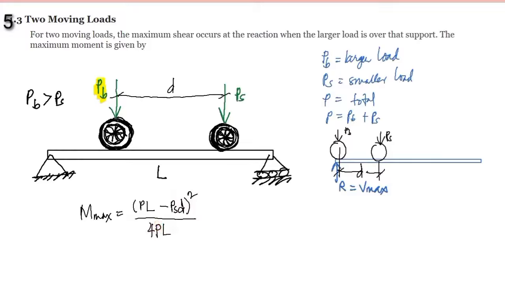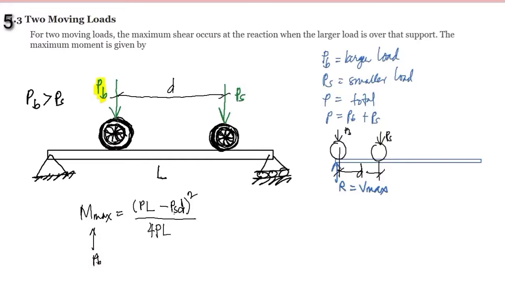So the P is the total load, the L is the span, PS is the smaller load, and D is the distance.